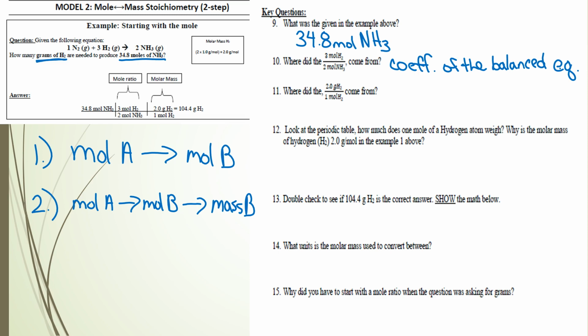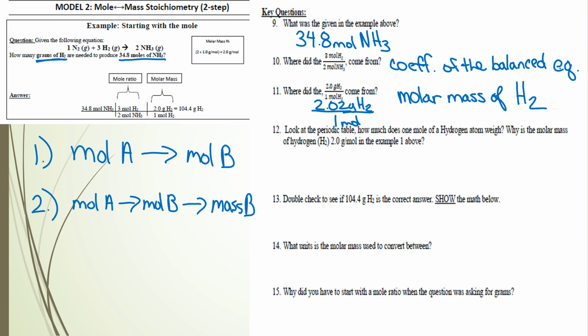Now, if I was asking you to do this, what would be the difference we would make for the mass of hydrogen? 2.02. So I would actually write this as 2.02 grams of H2 to 1 mole. And so this is the molar mass of hydrogen.